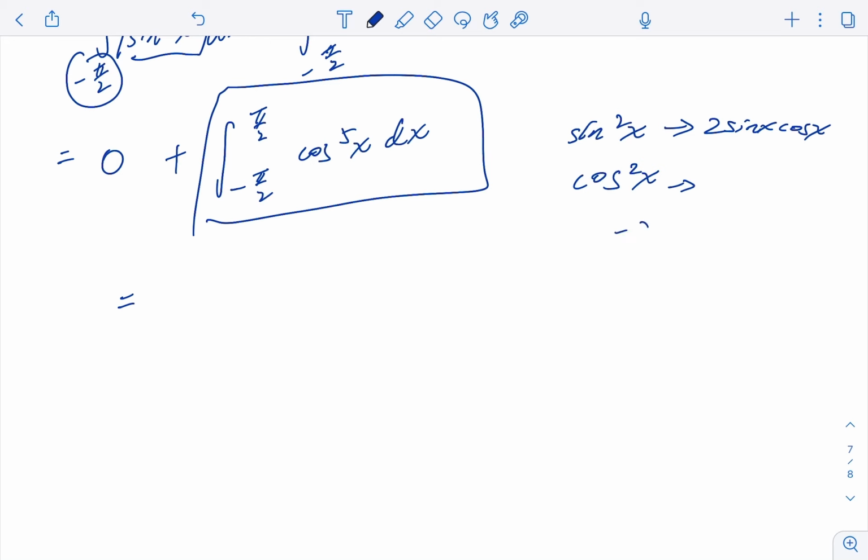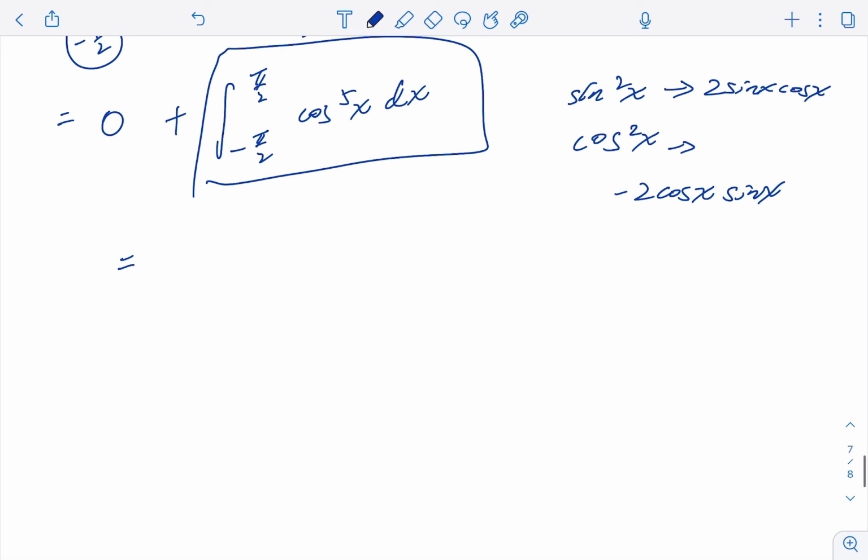Which means if we were to integrate cos to the fifth x directly, it's not going to work, because we always need a sine x to differentiate the cos x, or a cos x to differentiate the sine x.